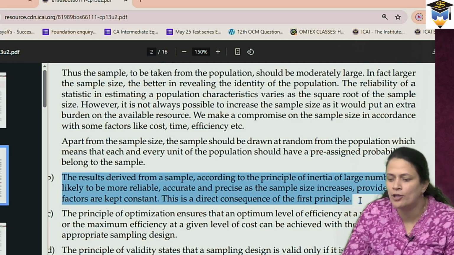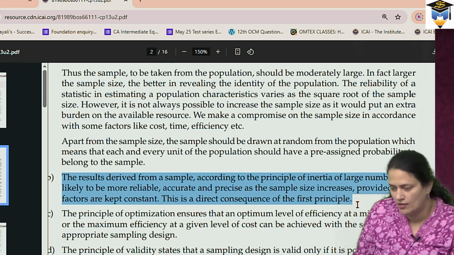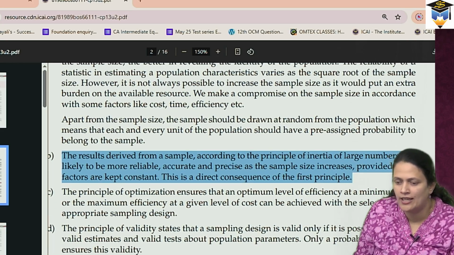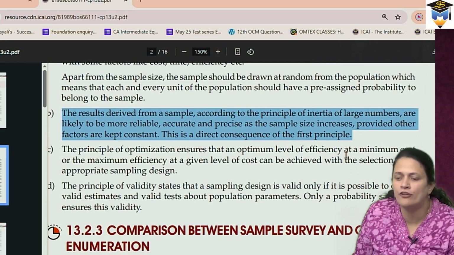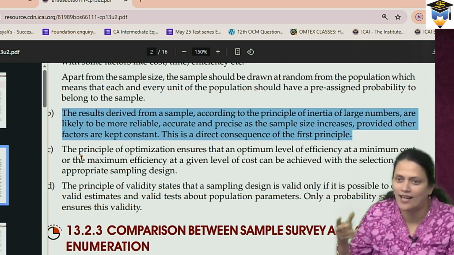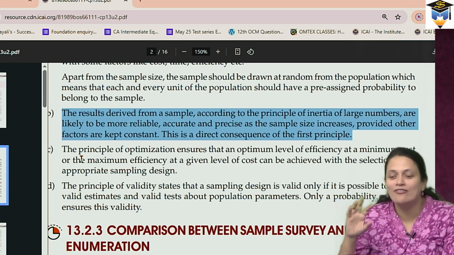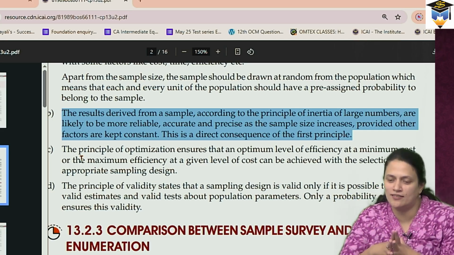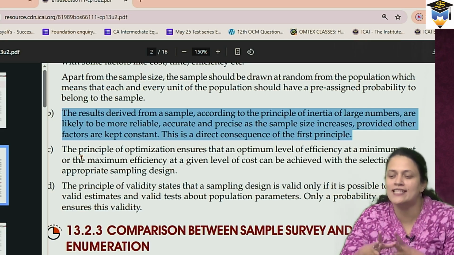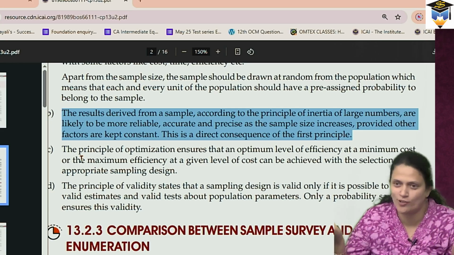Next, principle of optimization. It ensures that an optimum level of efficiency at a minimum cost is obtained. As you all know, the level of efficiency is decided by cost always.